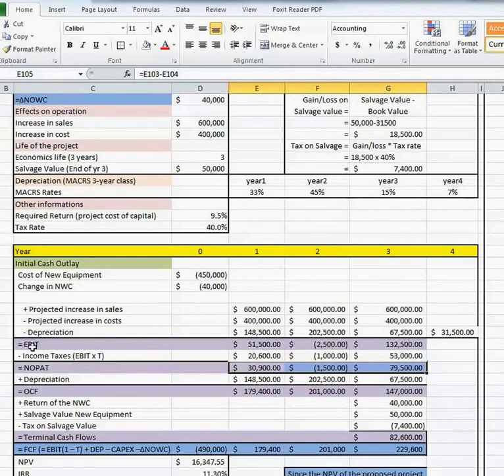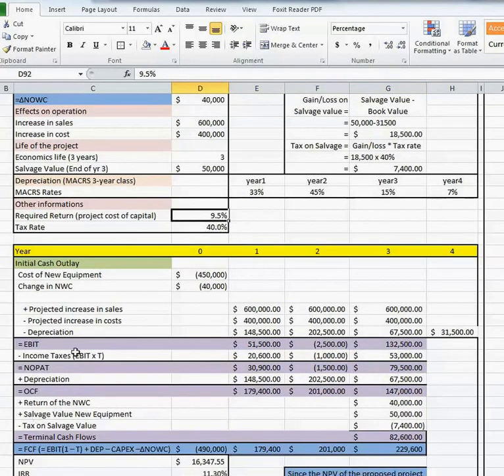You might be thinking, what about interest? Basically, in finance, the cost of capital already includes the effect of interest expense, so we don't take out interest expense here. It's already considering that factor, so we don't subtract interest expense like accounting people do.